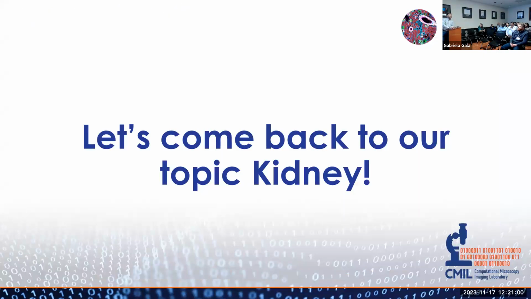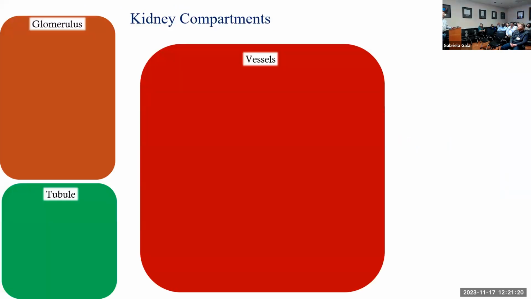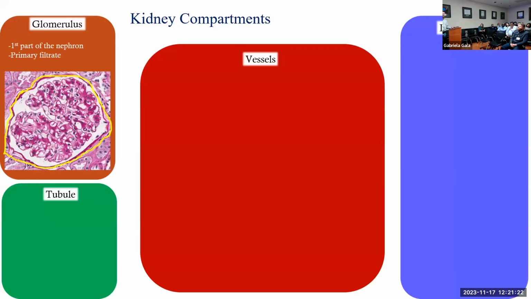So that being said, let's come back to the topic of kidney and see how we can make a simple, convincing case to generate trust in doctors. And here we can go more and more deeper, right? So what are the basic kidney compartments? I don't need to tell any of this to this group.